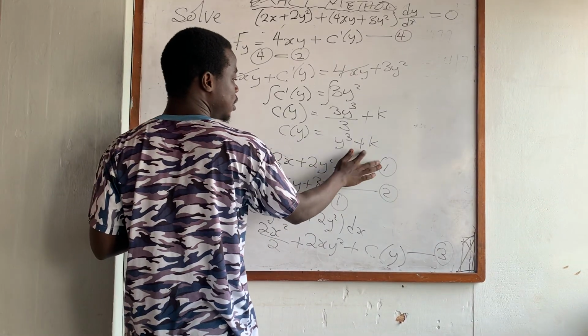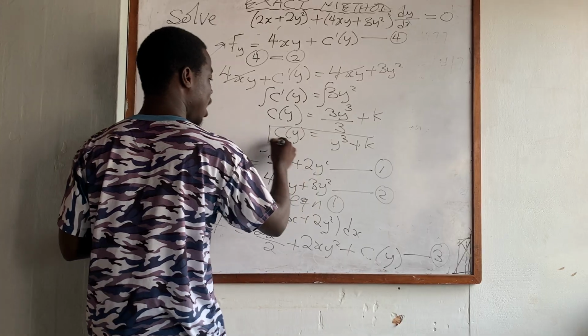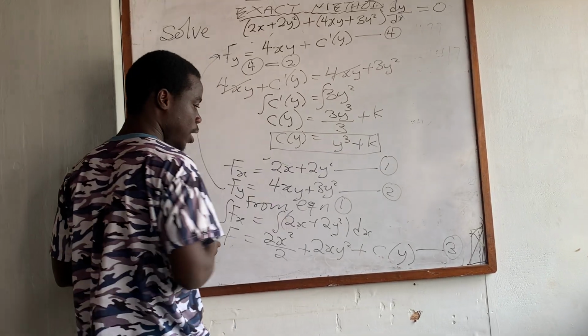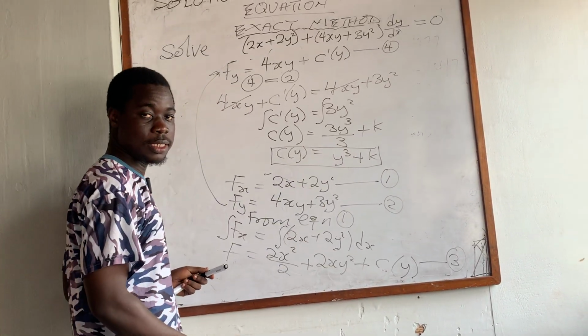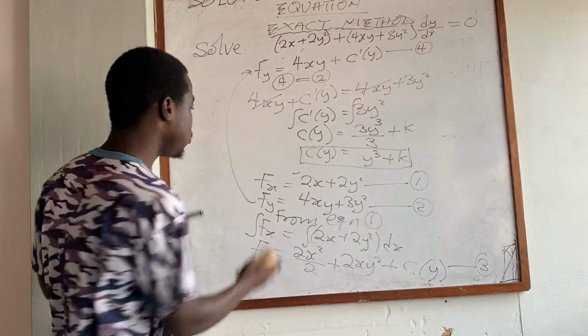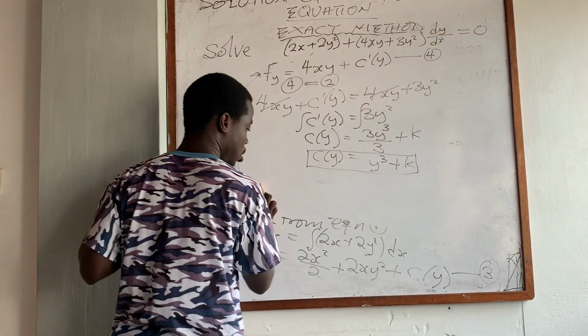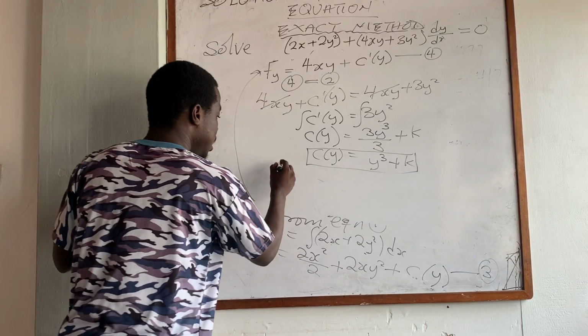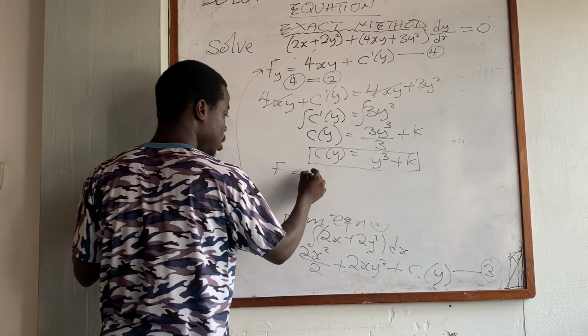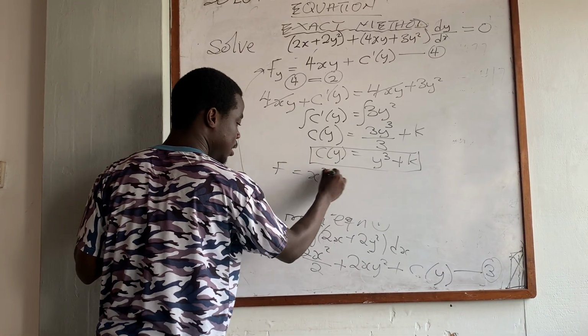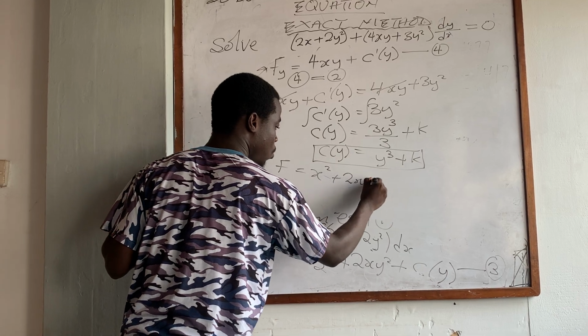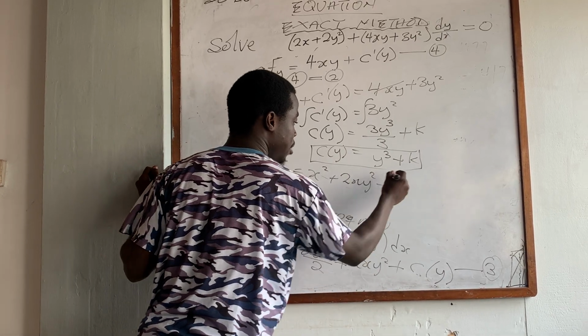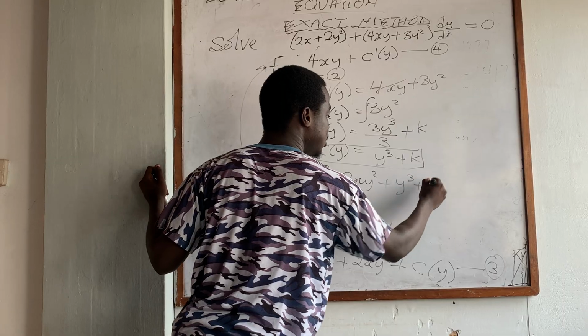So I will substitute this, what I have over here, into where? Into this, right? So if I do that, I will get f, which is equal to x squared, because here if you simplify, you will get x squared plus 2xy squared plus my c, and my c is y cubed plus k.